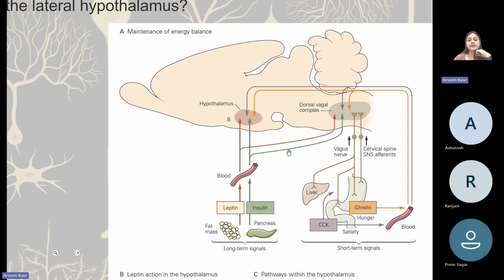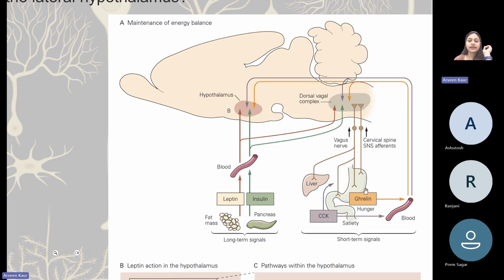They transfer this signal back to other regions of the brain wherein it is processed, and again back to the gastrointestinal tract wherein ghrelin is present, which is the hunger inducing hormone. So if this ghrelin is present, it will go to the blood and tell them that, okay, I need food.